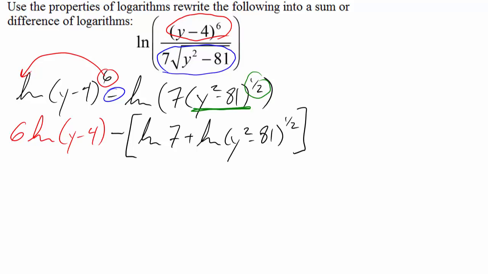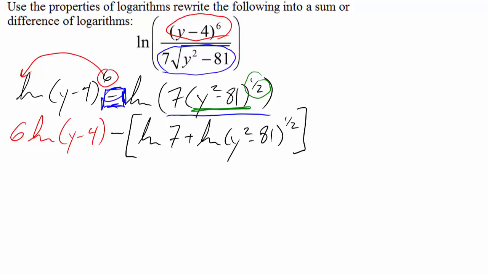The reason for that negative sign outside of the brackets is the negative from this guy. This applies to everything inside of this logarithm, so that's both the 7 and the y squared minus 81.